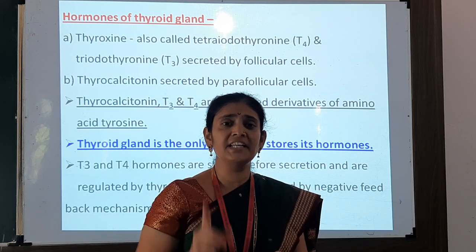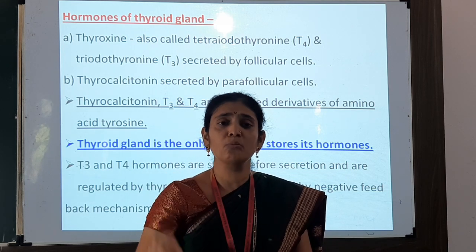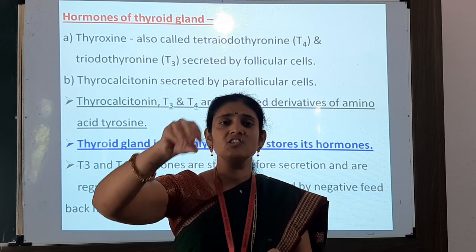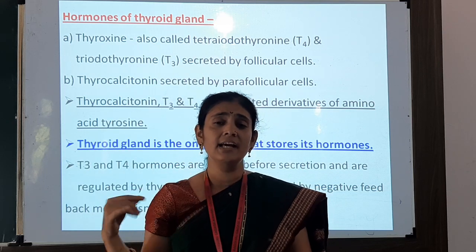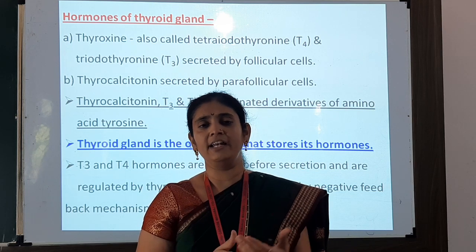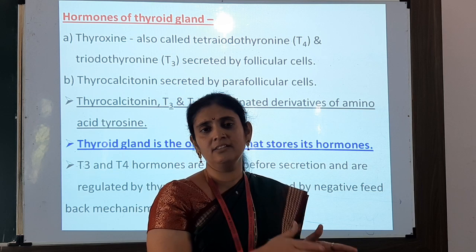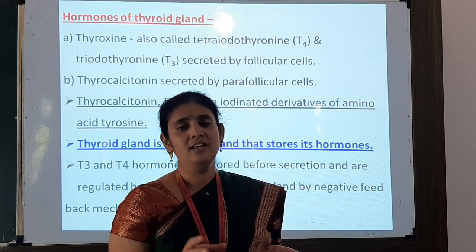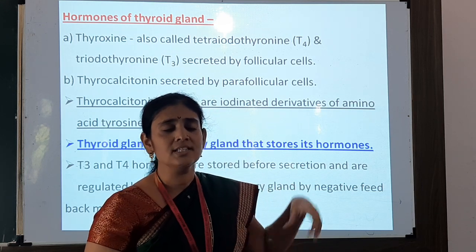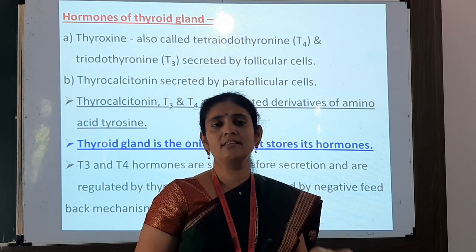That pituitary gland is secreting TSH, thyroid stimulating hormone, and that TSH acts on the thyroid gland, and then these hormones are released from the thyroid gland. Otherwise they will be stored in the thyroid gland. You can understand that the hormones secreted by the thyroid gland are stored in the gland.